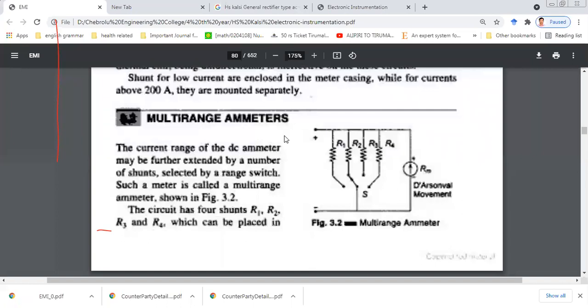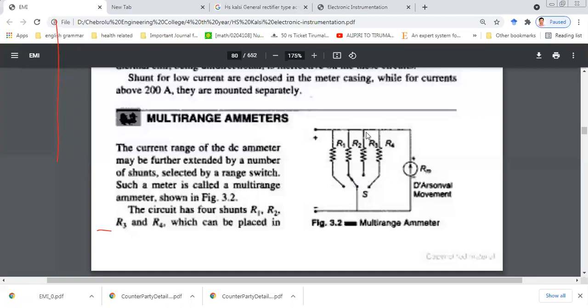Multi-range ammeters. As in the previous DC voltmeters, where we used multi-range voltmeters, in the ammeter also we have multi-range ammeters, so that we can change the range of the current we are going to measure by using a switch.